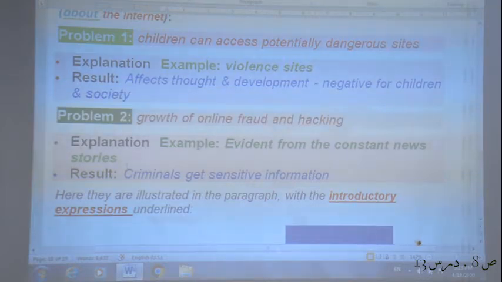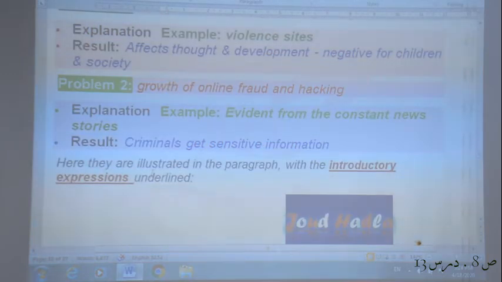And the result will be criminals get sensitive information. And here we mean techno-criminals who are invisible, and who try to break into all the computer systems in order to get information, or to reach the bank accounts in order to steal money or to damage our devices with viruses. So those are called techno-criminals, and in this case they can get sensitive information.